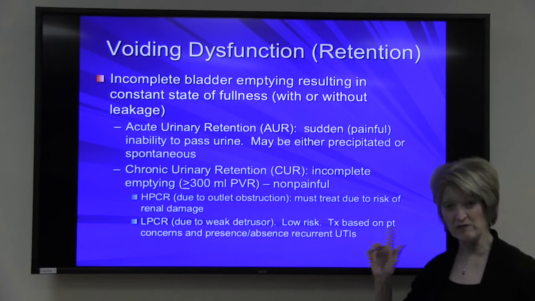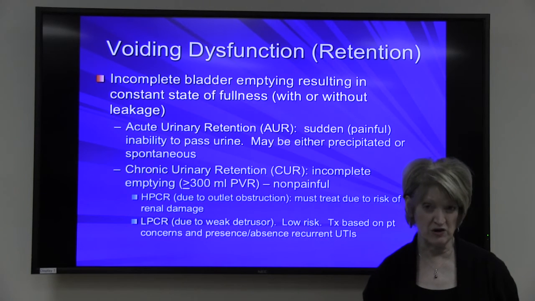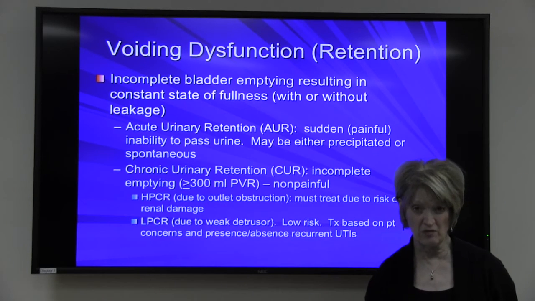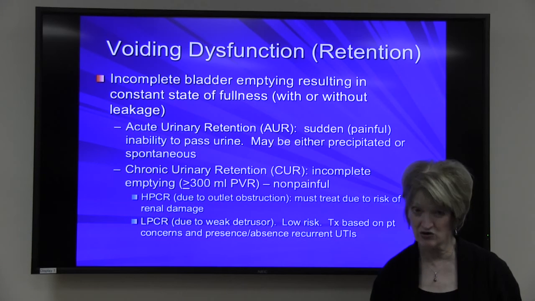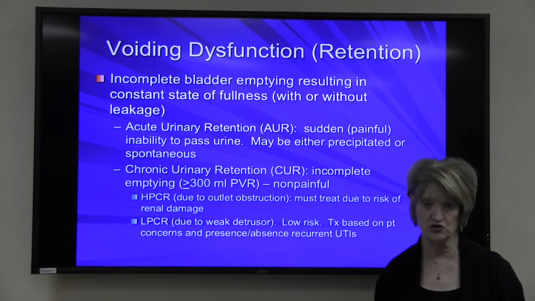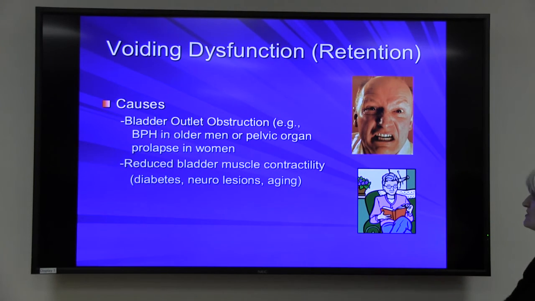So anytime we have a patient in retention, we have to do appropriate screening, we have to do the workup, we have to determine, is it high pressure, is it low pressure, does it require treatment, or is treatment dependent on patient goals?